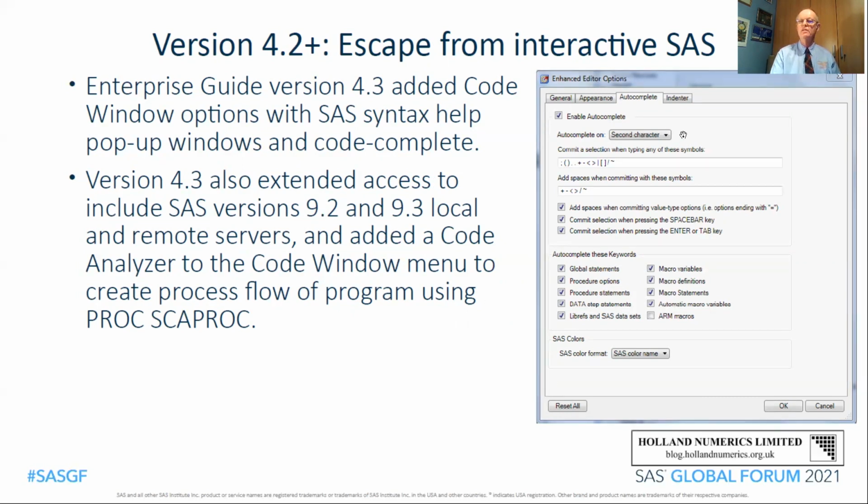You can see here that autocomplete on second character means that when you type 2 characters of a word, it would then suggest. So if you had DA, it would suggest data, but it would also alphabetically give you a list of statements after that.